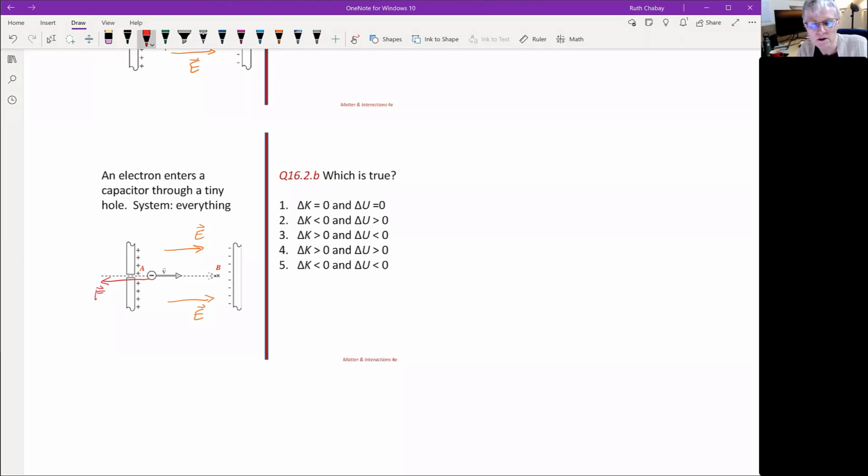And so the kinetic energy of the system decreases, so that rules out everything except 2 and 5. But we know that, again, in the absence of significant external forces, delta K plus delta U has to add up to 0.